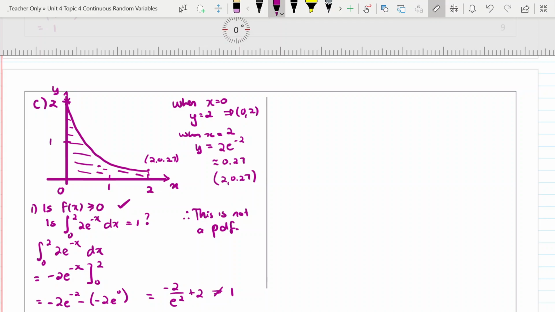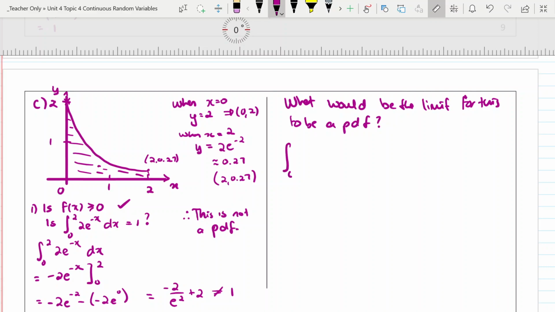But we could also figure out which value we could set as our limit in order for it to be a PDF. So let's ask ourselves, what would be the limit for this to be a PDF? We have an integral from 0 to k of 2e to the negative x dx, which has to now equal 1, and we want to find the value of k.